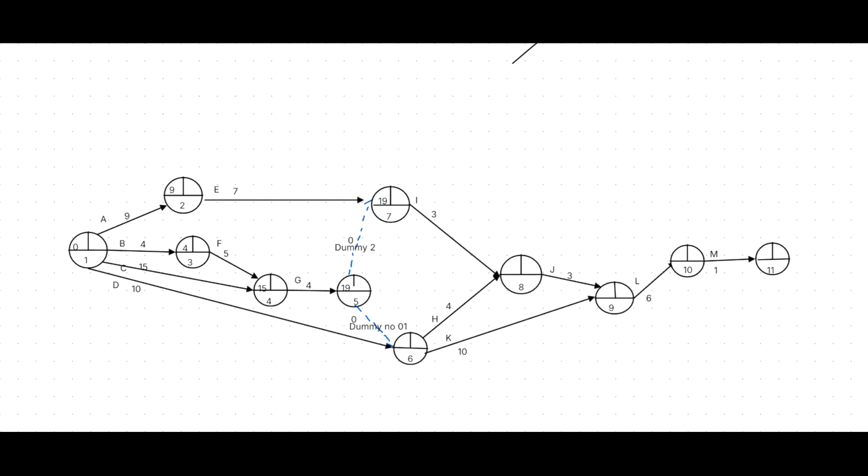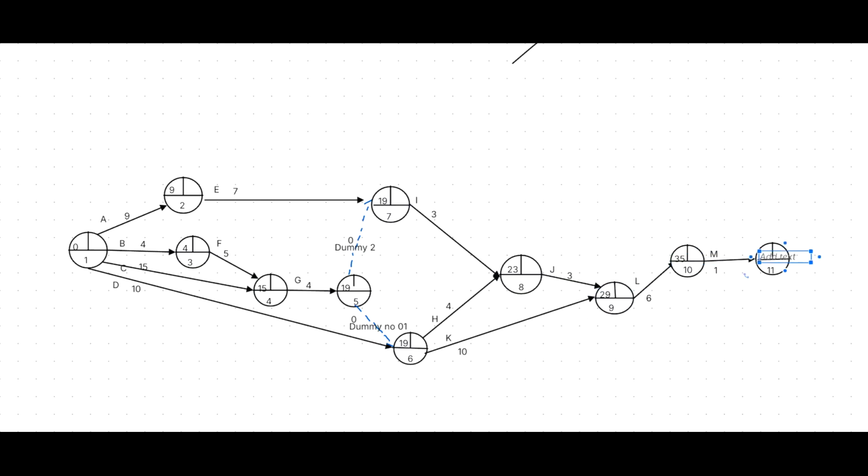Here the 19 is the highest. 19 plus H 4, 23. 19 plus via the I 3, 22. 23 is the highest. 23 plus 3 is 26 via the K, 29. 19 plus 10 is, yes, 29. 29 plus 6, 35. 35 plus 1, 36. Last event should be 36.